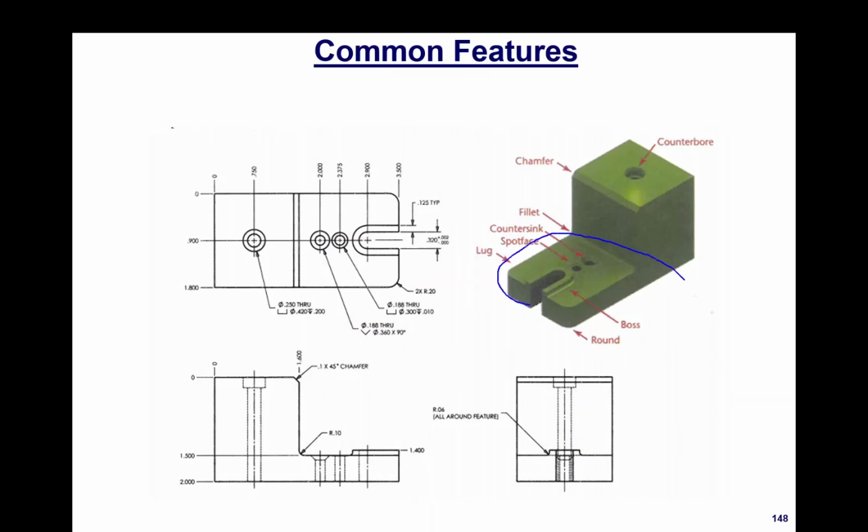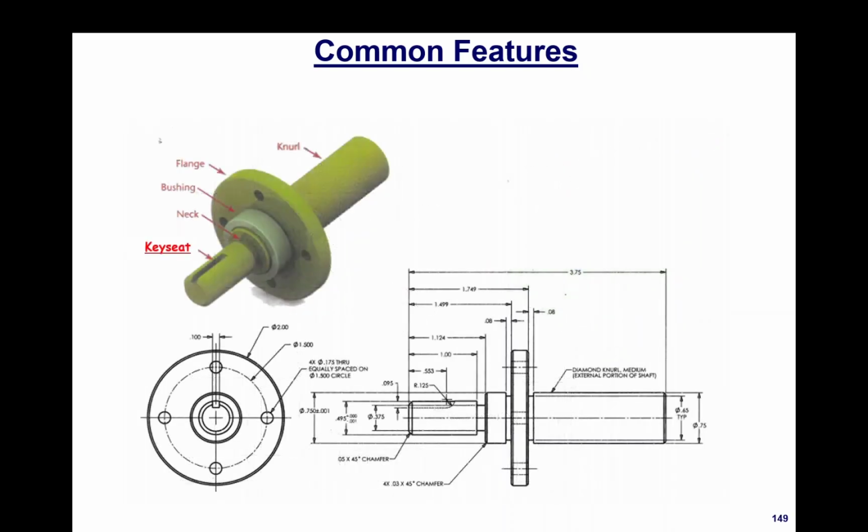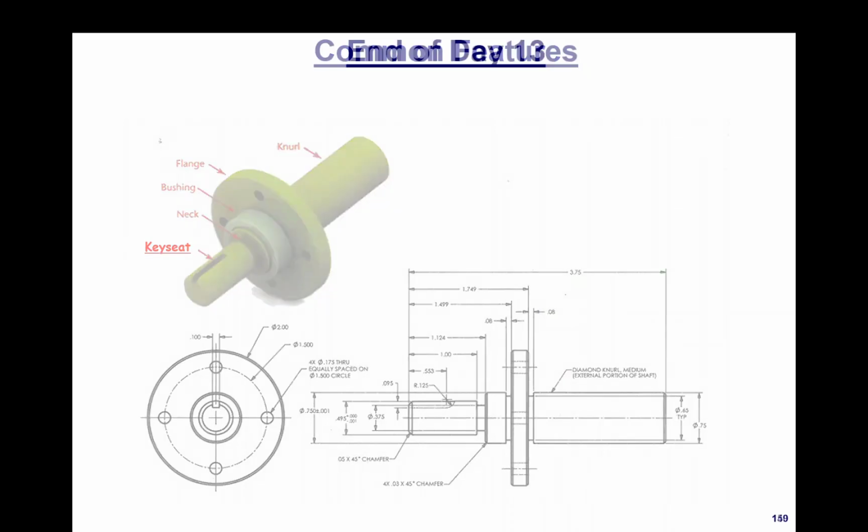So this is the lug, and then whenever we have a raised portion, this is called the boss. Obviously, you know that's a round. We've got fillets, countersinks, counterbores, chamfers. So just here are some of these things in practice. So that's it for this portion of the lecture.